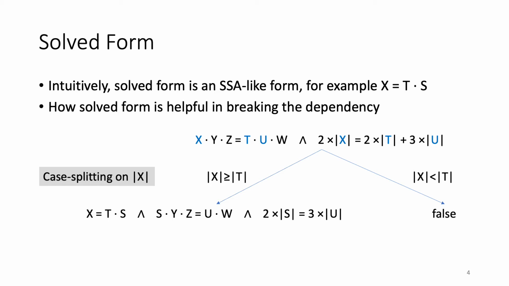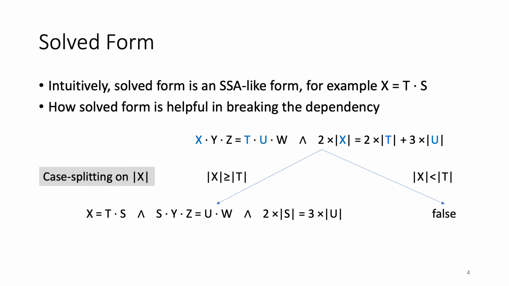Here, we have two constraints, xyz is equal to tuw, and 2x is equal to 2t plus 3u. To proceed, a typical way is to apply the case-splitting rule based on the relative relationship between the length of x and the length of t, so that the formula is in solved form with respect to x in the left branch, or an inconsistency is detected with the length constraint in the right branch.